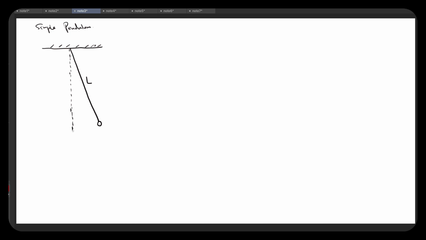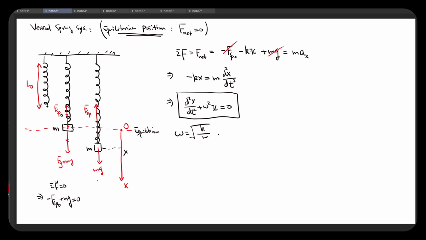So we can say the vertical line here is the origin O. That's the equilibrium position. But now think about what quantity is exactly doing the oscillation. It's not the one-dimensional linear position x as we know for the spring system.